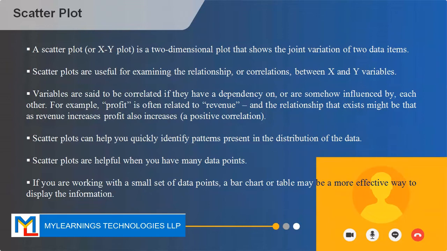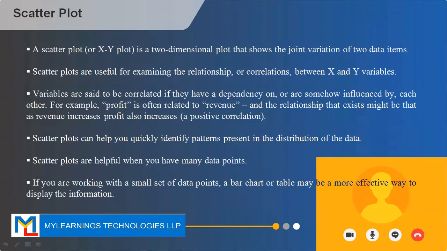How does y vary compared to the values of x? Variables are said to be correlated if they are dependent on each other. For example, profit is related to revenue. As revenue increases, profit also increases most of the time.